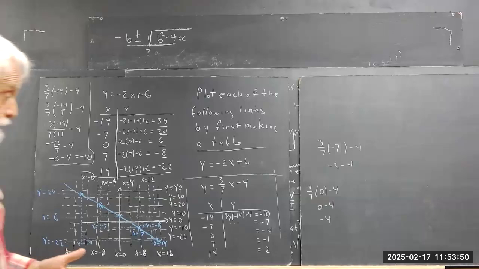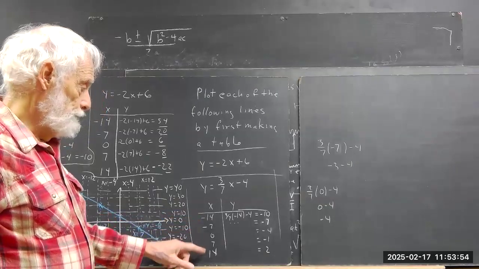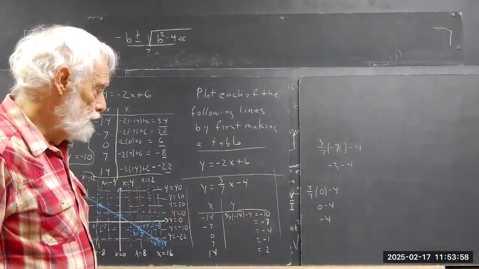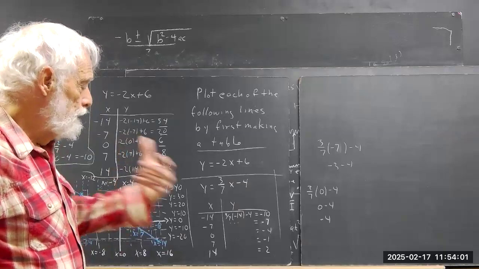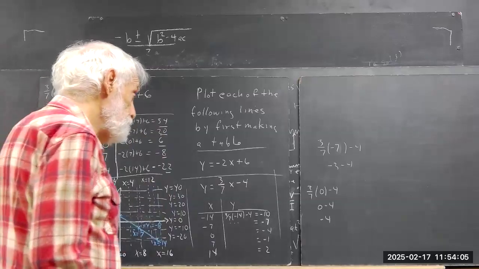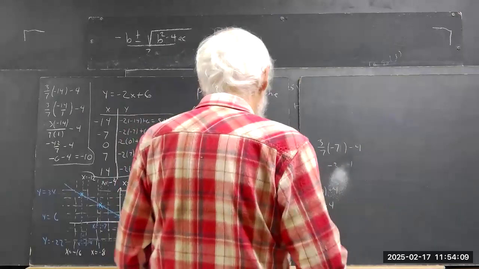I made a choice to use multiples of 7 so that the 7 would divide and give us an easy calculation and give us numbers that are easy to locate on a set of coordinate axes. Okay, well, let's see what the graph of this looks like.